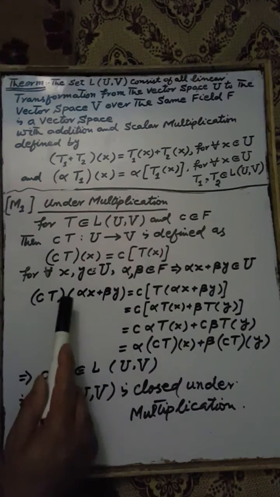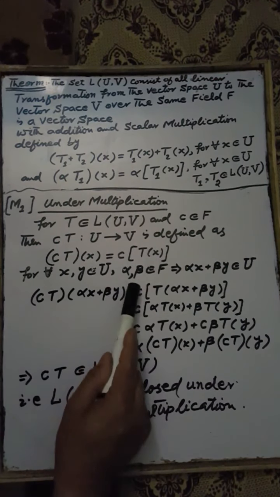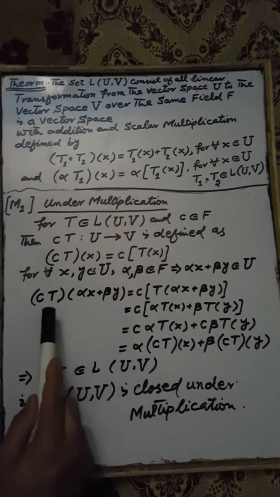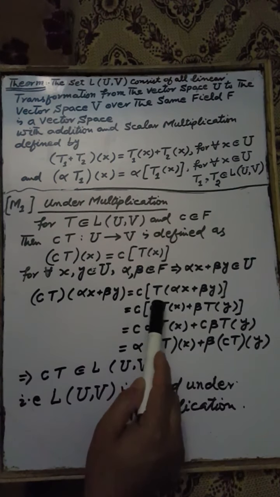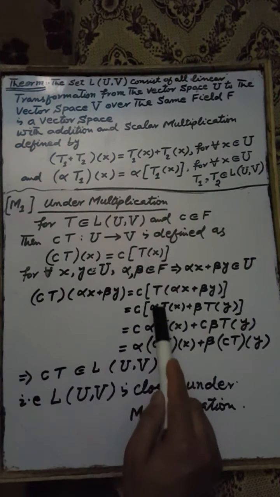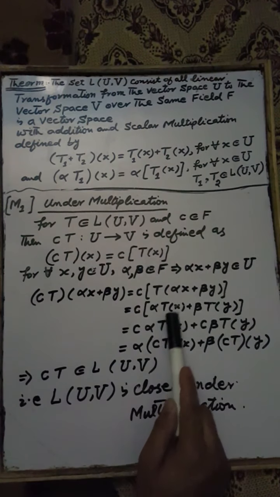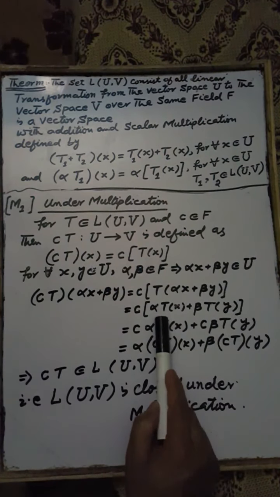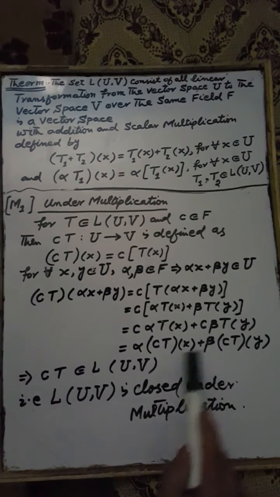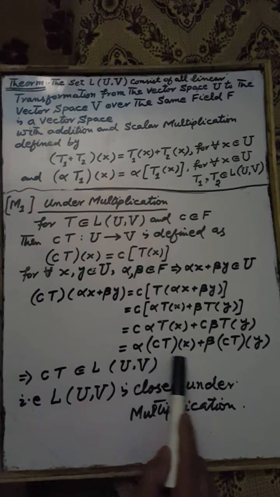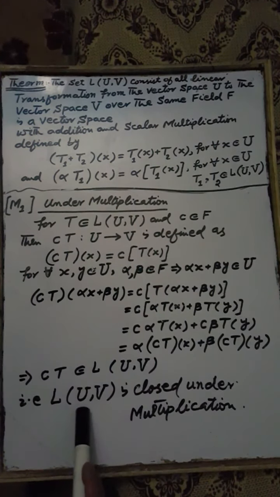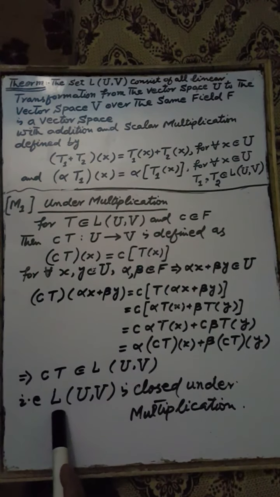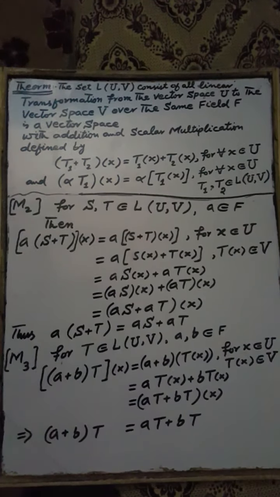According to this condition, if x, y are any two elements of U, and alpha, beta are elements of the field, then CT(alpha x + beta y) is equal to C, a constant, times T applied to alpha x + beta y, and T is a linear operator according to the definition. Multiply C to each term. After the rearrangement, alpha CTx + beta CTy, that is, CT is also a linear transformation from the vector space U to the vector space V. That is, this set is closed under scalar multiplication.